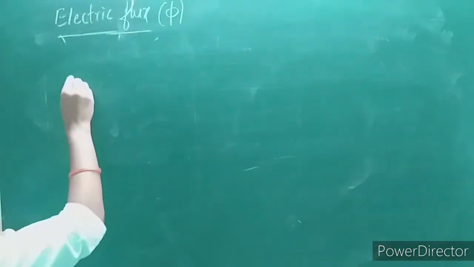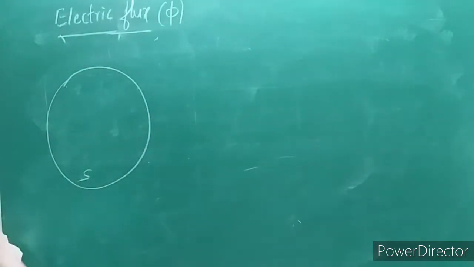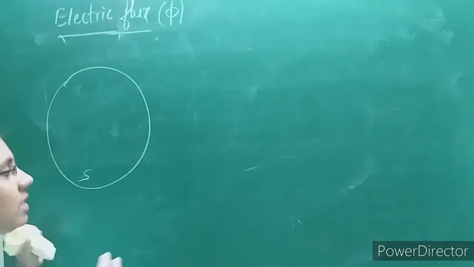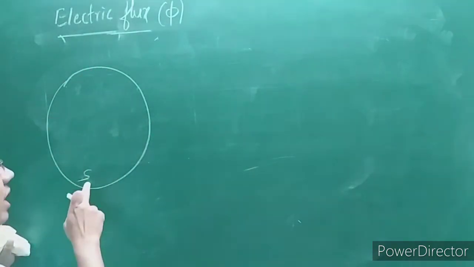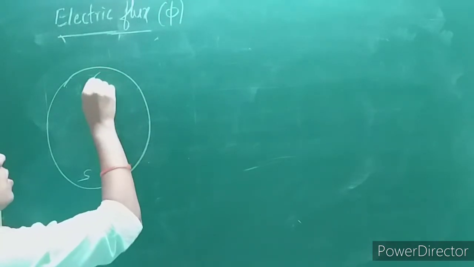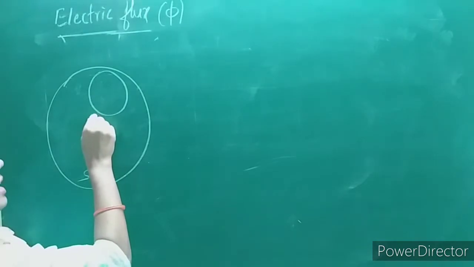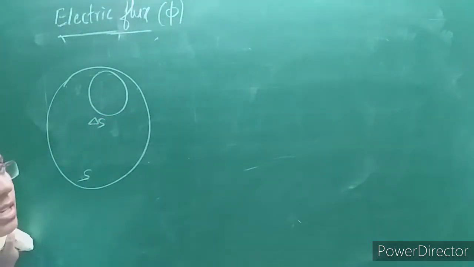Consider a surface of area S. In that, we have considered a small area element having area delta S.